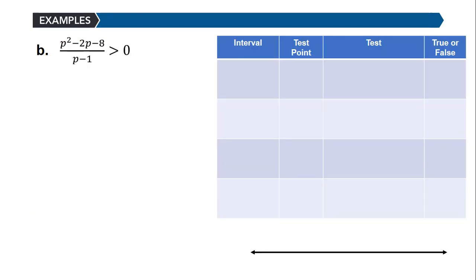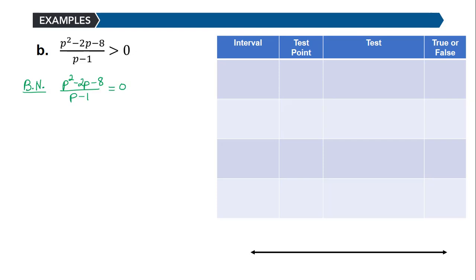Now we have this inequality, the expression p squared minus 2p minus 8, all divided by p minus 1, is greater than 0. And so to solve this by hand, we first want to think about finding the boundary numbers. So to find the boundary numbers, we'll solve this equation, p squared minus 2p minus 8, all divided by p minus 1 equals 0.